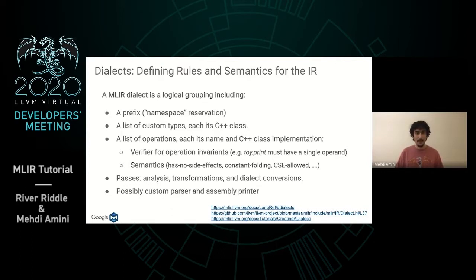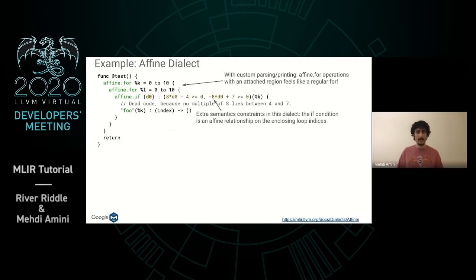Something else that you're going to see when you look at MLIR examples is that the IR doesn't always look like the generic form I showed you before. That's because dialect authors can also customize the printing and the parsing of operations and types. That helps make the IR much more readable. An example of nice syntax and advanced semantic modeling at the same time using regions is shown here with the Affine dialect.